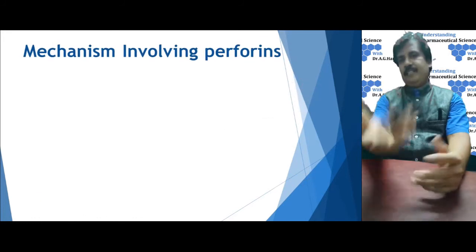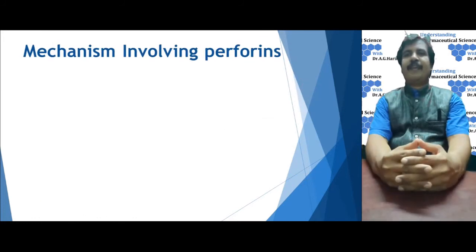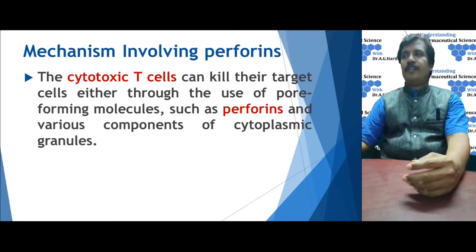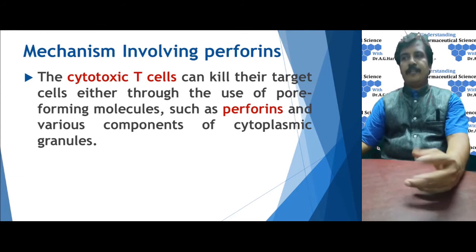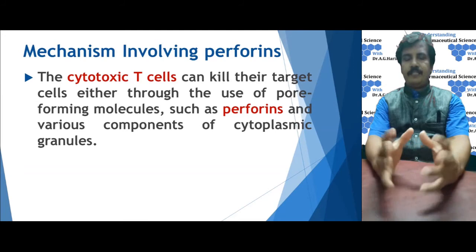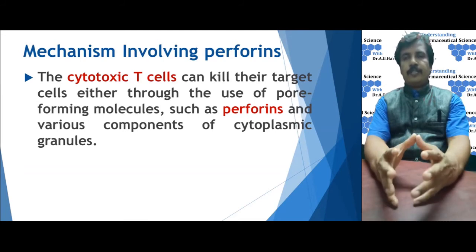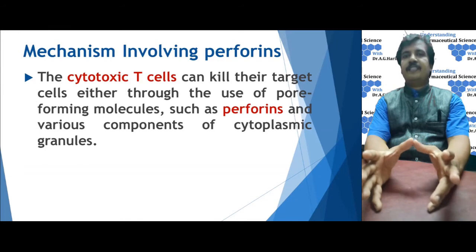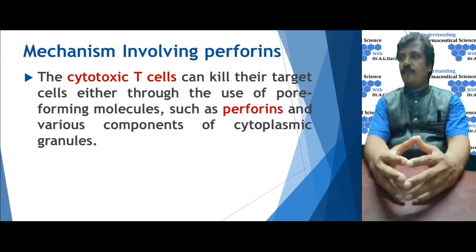One mechanism I will explain in detail is the mechanism involving the perforins. Perforin is present in cytoplasmic granules. The cytotoxic T lymphocyte can kill the target cell by releasing this chemical mediator called perforin.